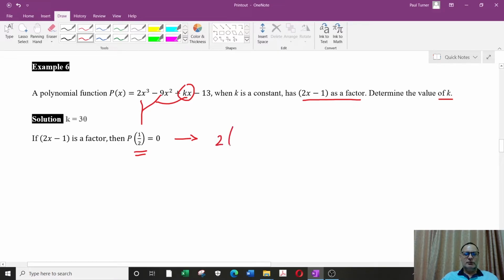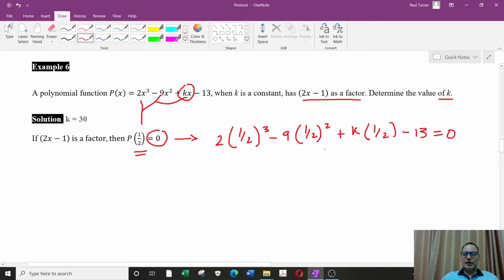You have 2 times a half cubed minus 9 times a half squared plus k times a half, plus 8 times a half minus 13, and that should be equal to 0. So we write this on the end here, equals 0.